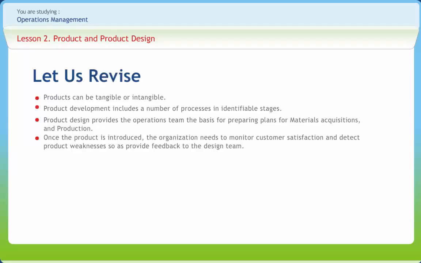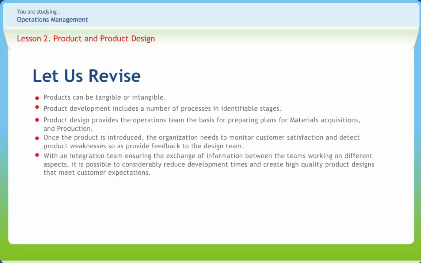Concurrent engineering approach is to speed up the product development process, with an integration team ensuring the exchange of information between the teams working on different aspects. It is possible to considerably reduce development times and create high-quality product designs that meet customer expectations.